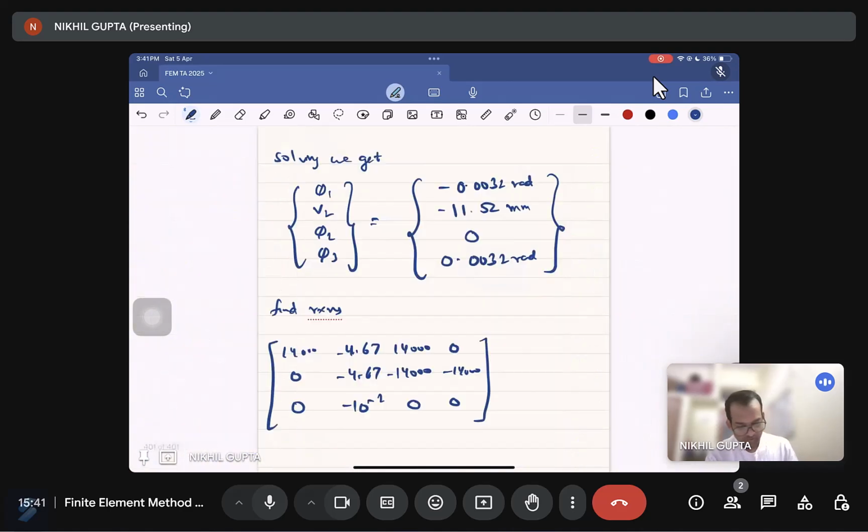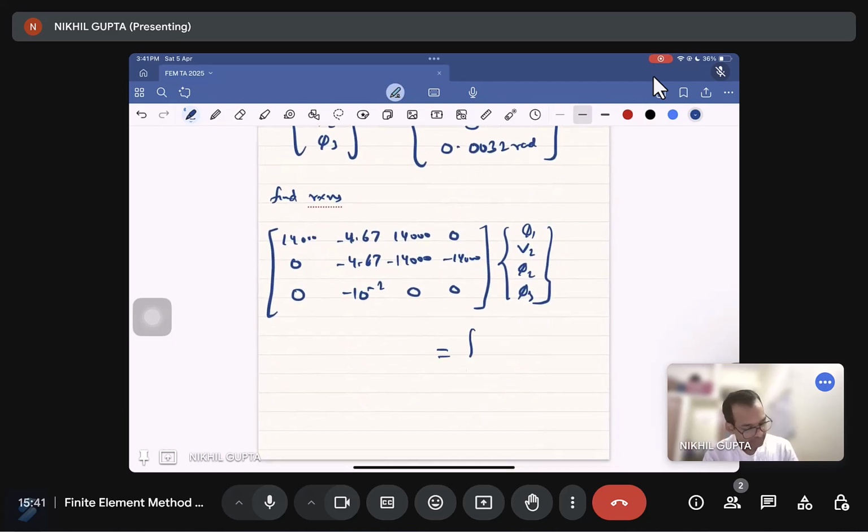So here it will come phi 1, V2, phi 2, phi 3, and RHS will be R1 minus 21, R3 minus 21, and R4.